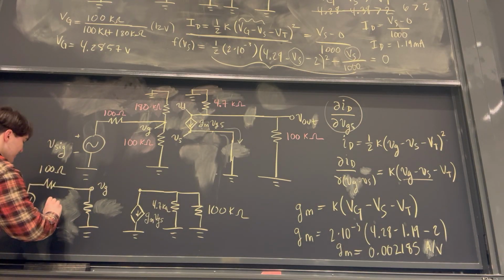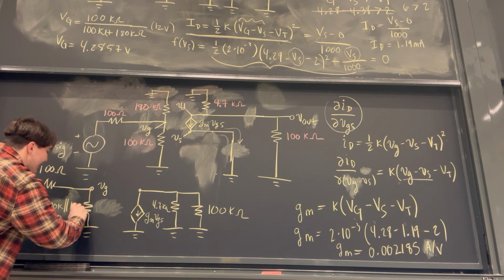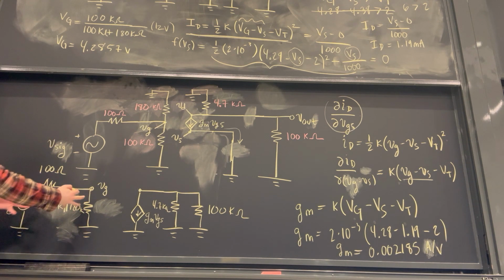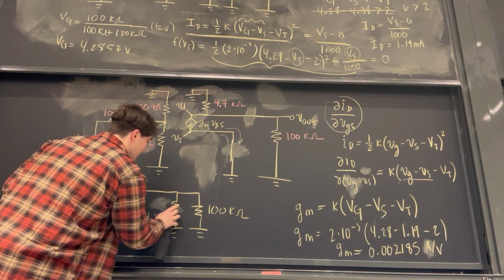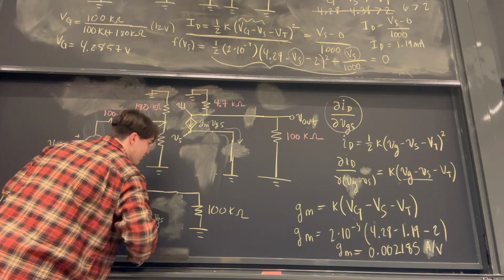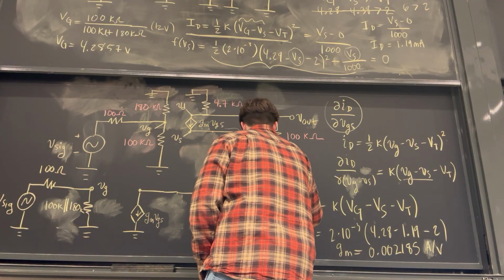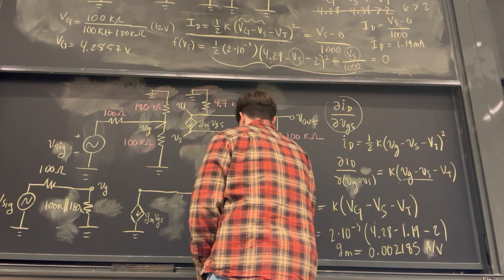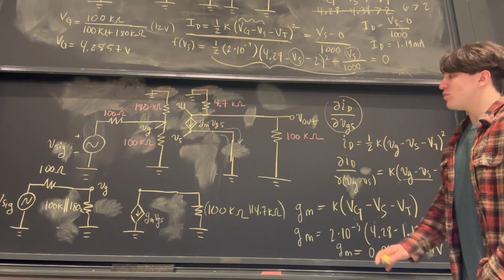So this one resistor will be equal to a 100 kilo ohm resistor in parallel with a 180 kilo ohm resistor. We just have to remember that. And this one will equal a 100 kilo ohm resistor in parallel with a 4.7 kilo ohm resistor. Boom. Wow. Is that simple or what?